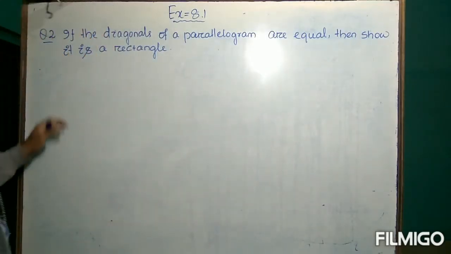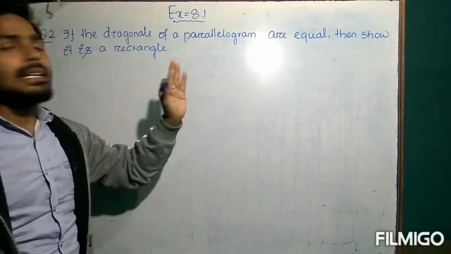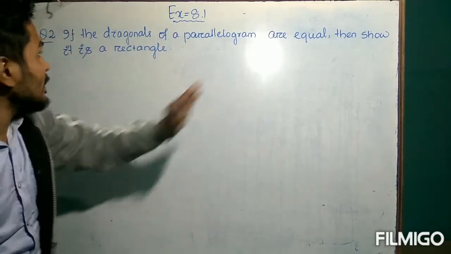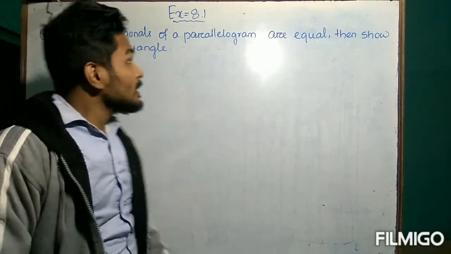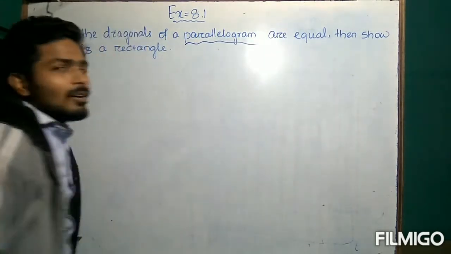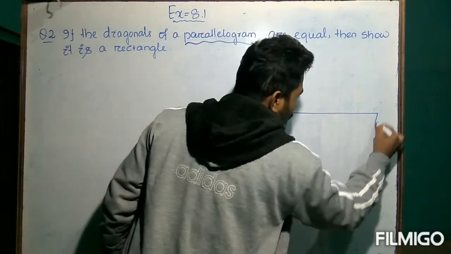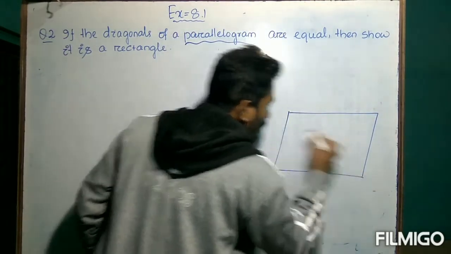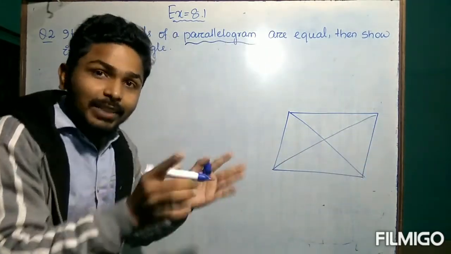In question number 2 it is given: if the diagonals of a parallelogram are equal, then it is a rectangle. Already we know that in a parallelogram the two diagonals are generally of different length.